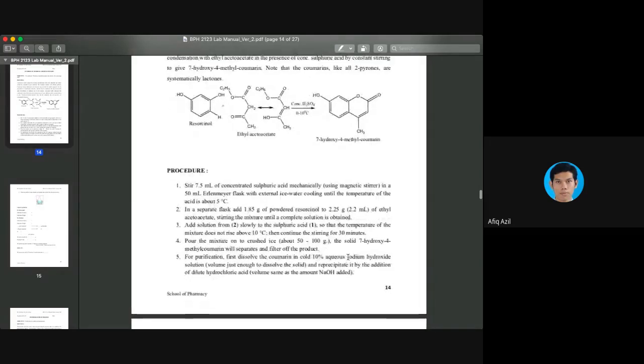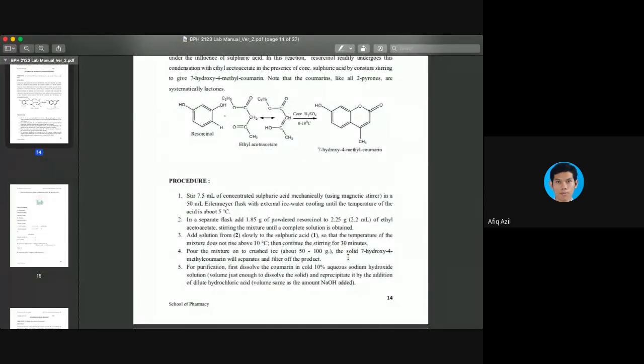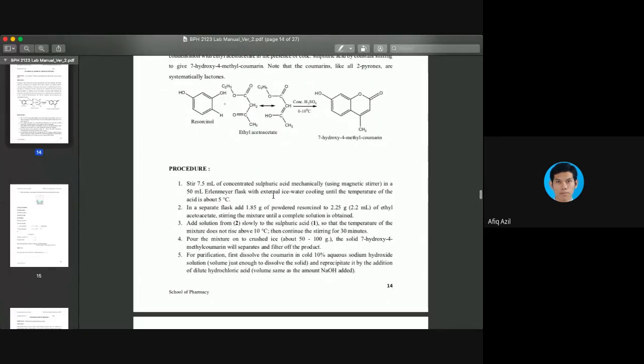So in the procedure, basically, the sulfuric acid is going to be added first, prepared first into a conical flask or beaker, because all of the reagents and starting material must always be in a cold condition.